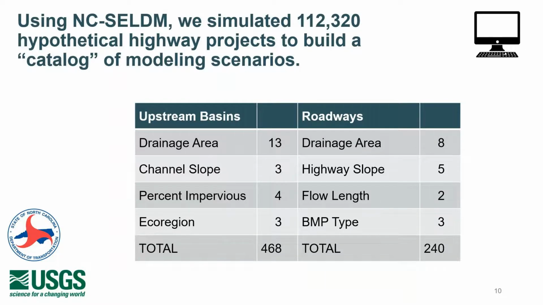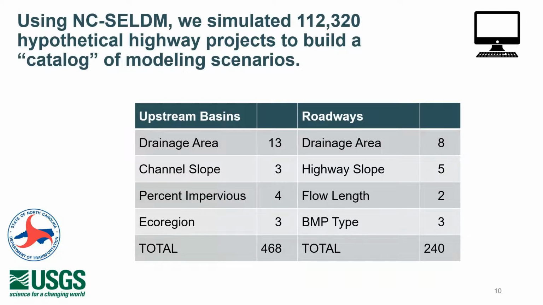And we also looked at 3 different channel slopes, 4 different levels of imperviousness upstream, and did that all in 3 of the different physiographic regions of North Carolina. That's our mountains, Piedmont, and coast, which all have unique soil types and landscapes. So that gives us a total of 468 types of upstream basins we had considered.